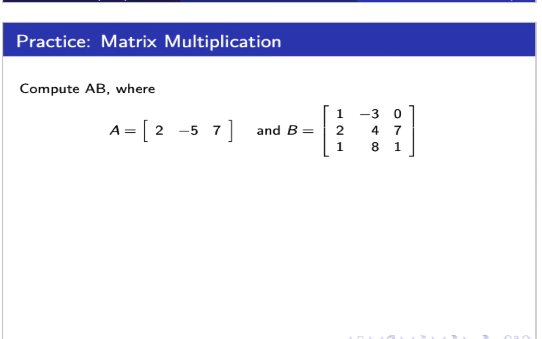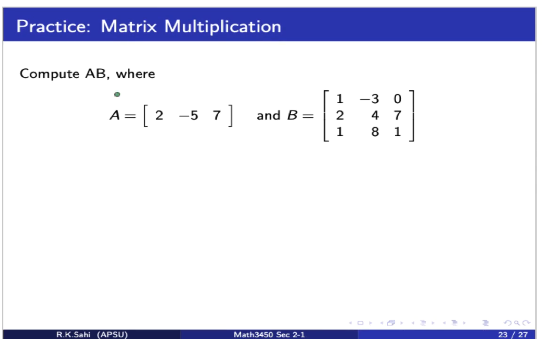Similarly, I'd like you to practice the slide where here A is a matrix of, what is it? This is a matrix of 1 row, 3 columns. This is a 3 by 3. Clearly, AB matrix multiplication is possible, and this new matrix will be of size 1 by 3. Okay.